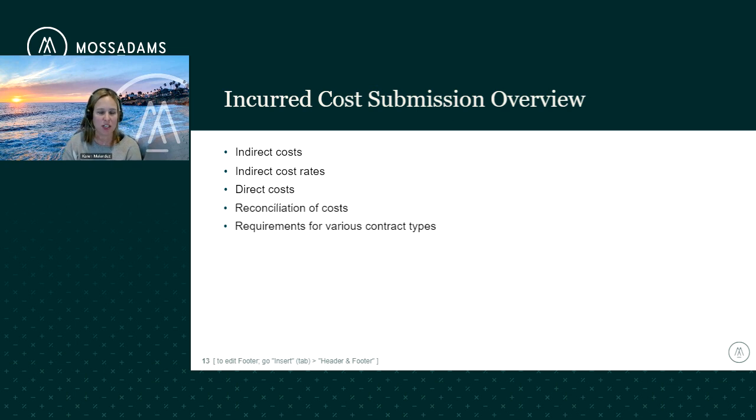So by definition, if something is not a direct cost, then it's an indirect cost. Indirect cost rates are how the costs are allocated amongst different contracts. So we'll talk a little bit more about different types of indirect costs and how to establish the rates as we go further into the presentation.